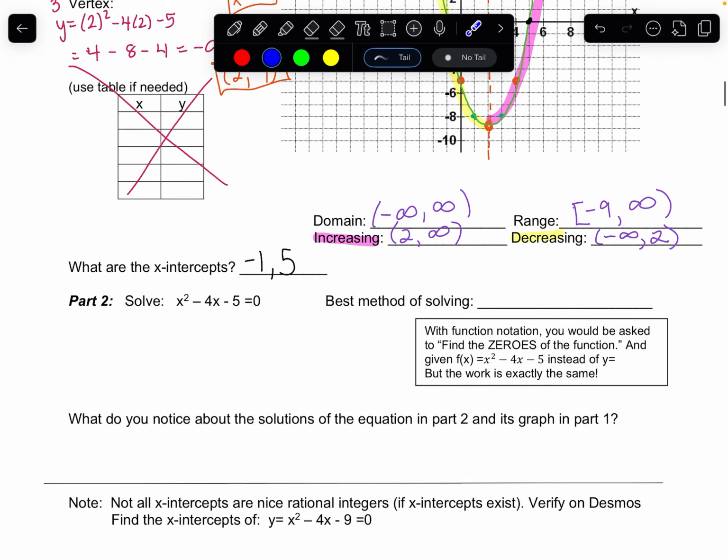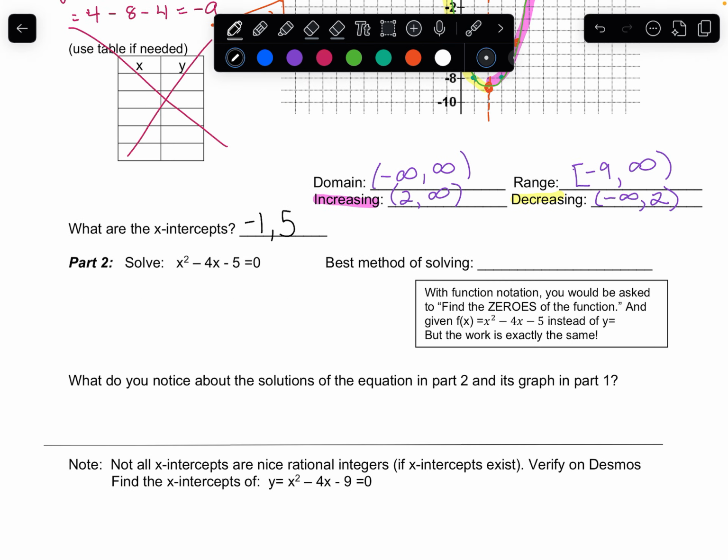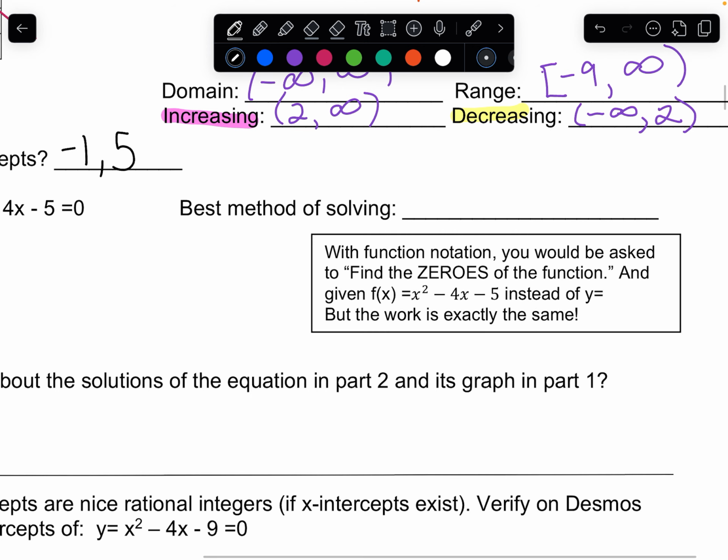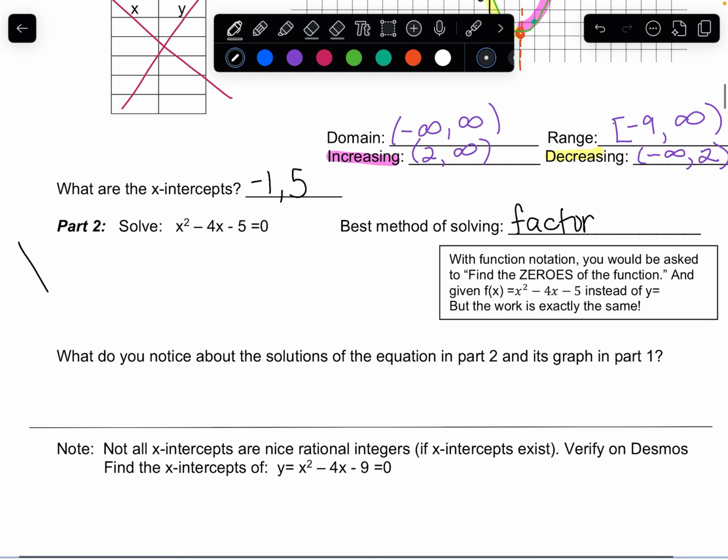Well, what we could do instead is we can actually solve for x. And so the best method to solve this is to factor, and we can see that because there are two numbers that multiply to get -5 and add to get -4, 5 and 1.